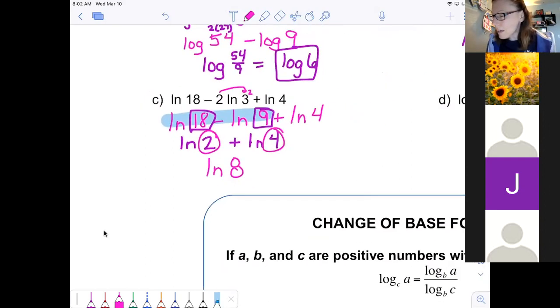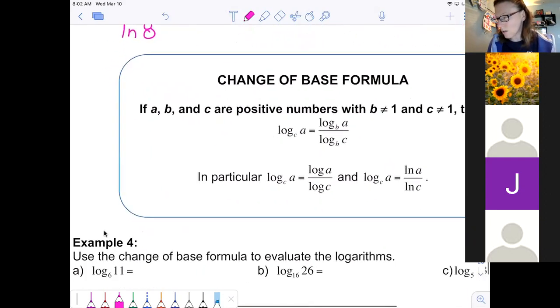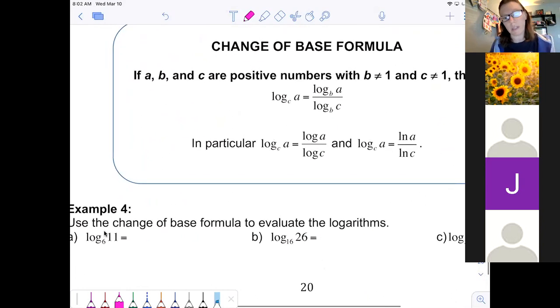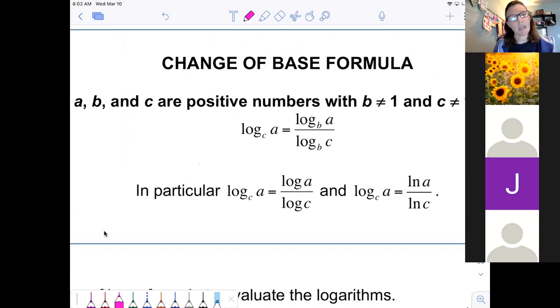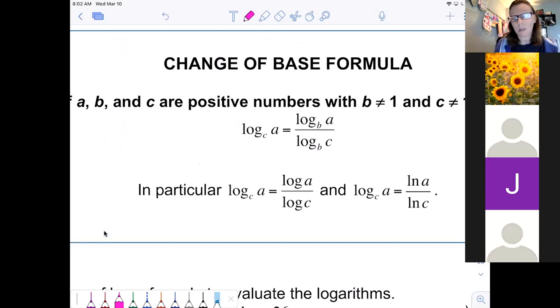So the very last thing that I want to show you is called the change of base formula. And it looks crazy and big and more than it really is. So it has a bunch of variables here. It has an A, B, and a C. Essentially, what the change of base formula does is it enables us to evaluate logarithms by using a calculator.